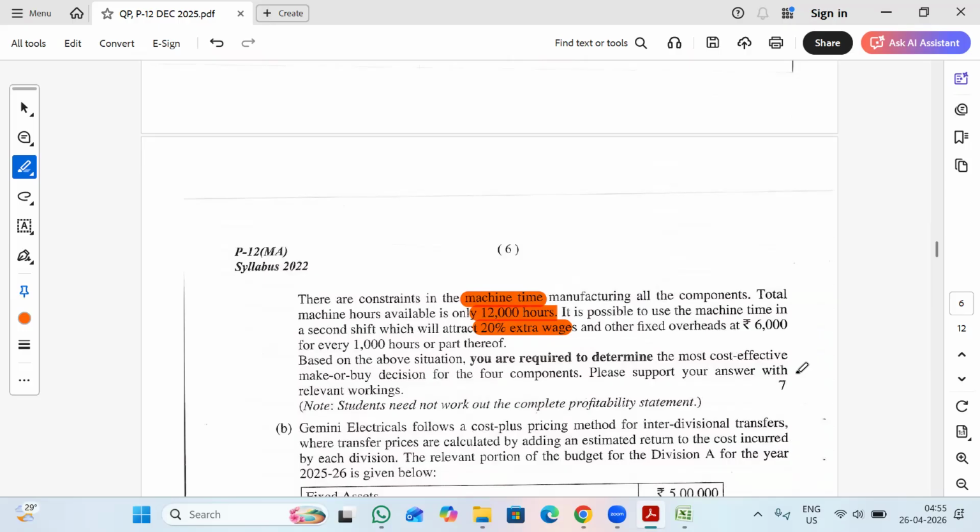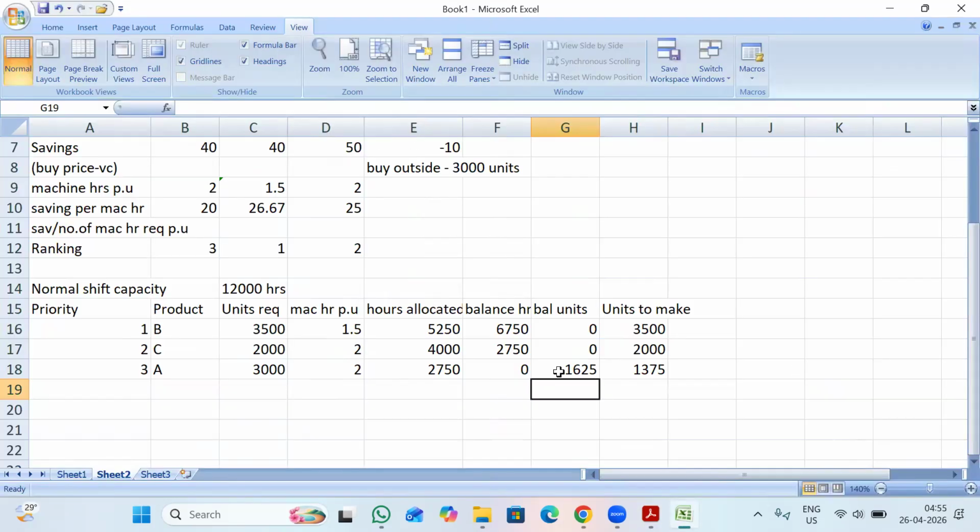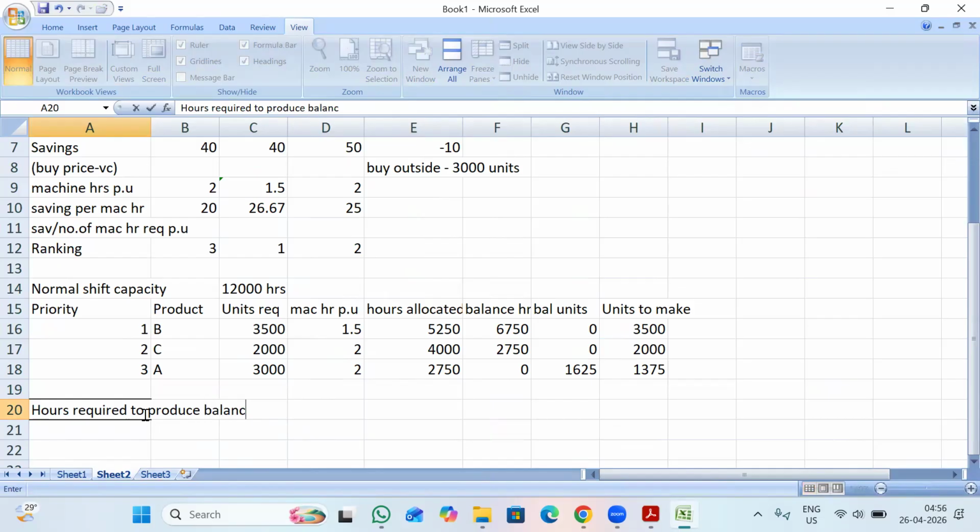But remember, 6,000 rupees of fixed overheads will be incurred for every 1,000 hours. So now how many hours do I require to produce the balance 1,625 units of product A?